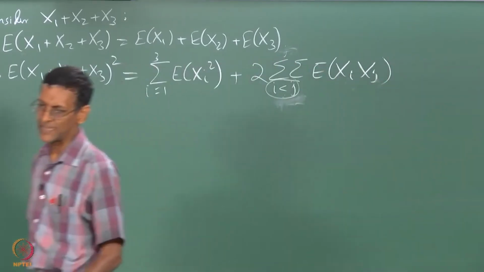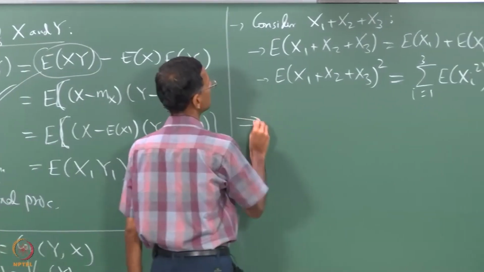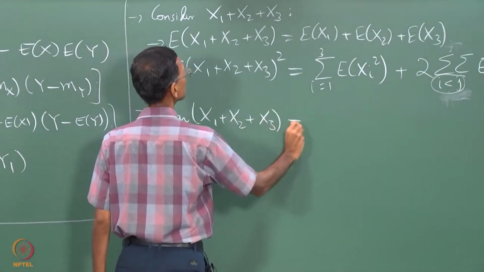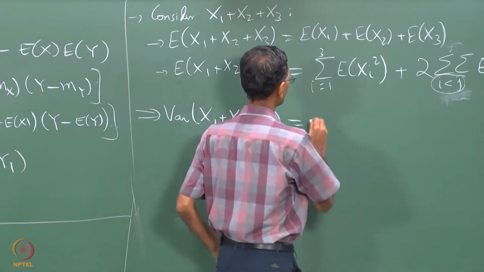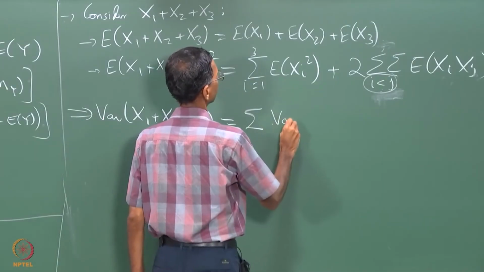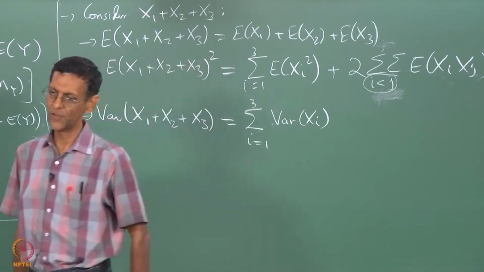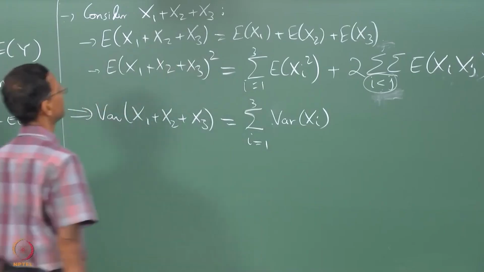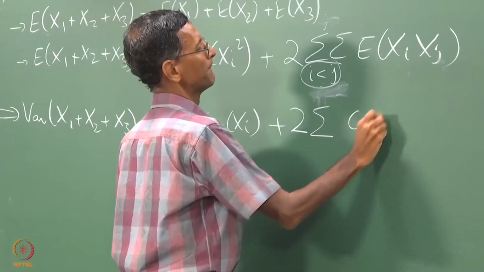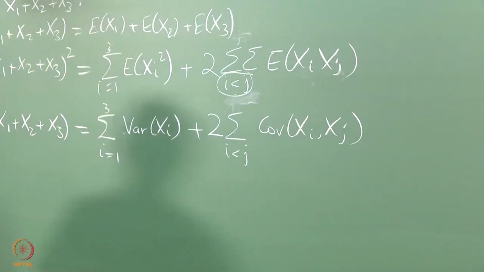Anyway, if you do the simplification and remove the mean squared, you will get the variance of the sum. This is what we are after. What will this be equal to? This will be the sum of the variances, i equal to 1 to 3 in this case, or 1 to n if you have n of them, plus twice the sum of the covariances of xi and xj for i less than j.